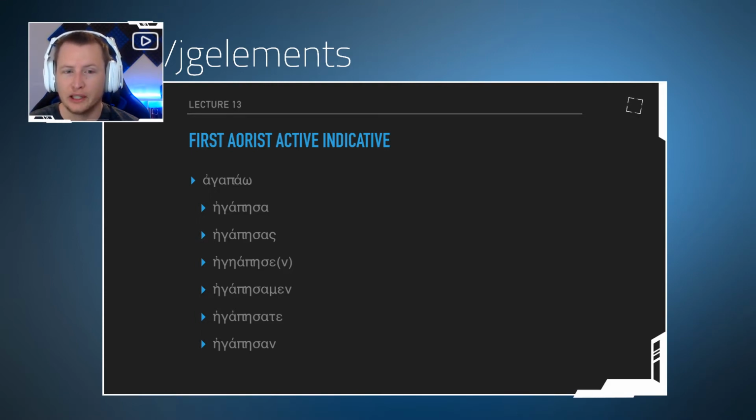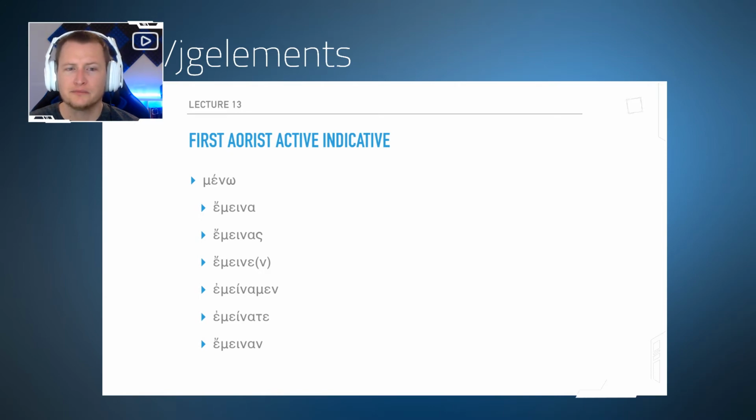It lengthens to an eta. Then we have the sigma, alpha, tense formative, and no ending in the first singular. So it becomes egapesa. So I loved. Egapesas, you loved. I got a typo there. Egapesen, he loved. Egapesamen, we loved. Egapesate, you loved. Egapesan, they loved.